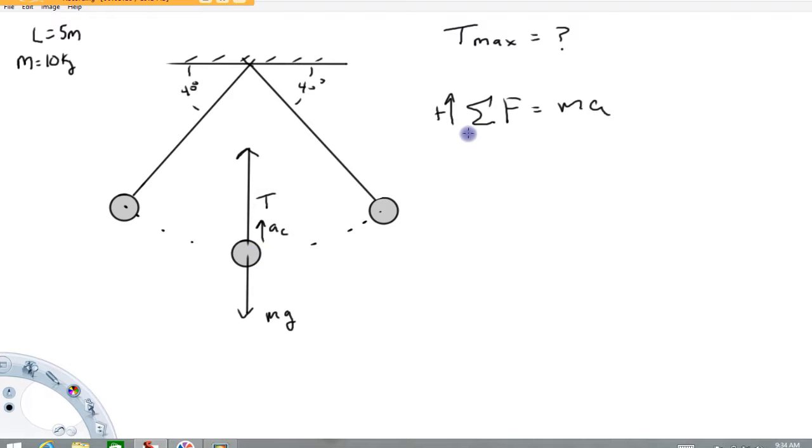So now we write a Newton's second law equation for this. Sum of all forces equals mass times acceleration. When I look at my free body, the tension is up, the mg is down, so the net force is going to be T minus mg. Now, the right hand side. A mistake I see a lot is to try to say that this free body is somehow balanced and these forces are equal, and therefore they add to zero.